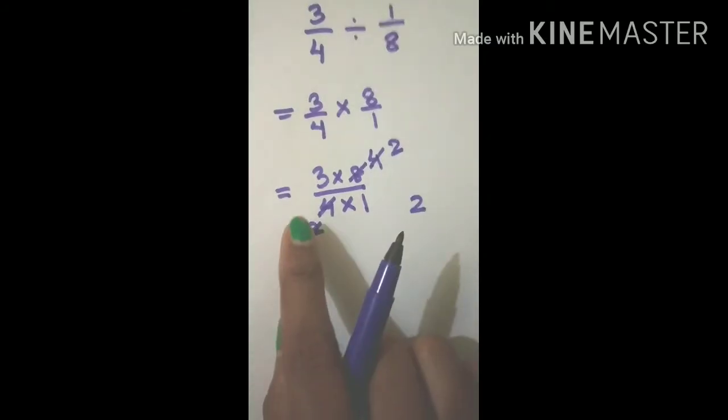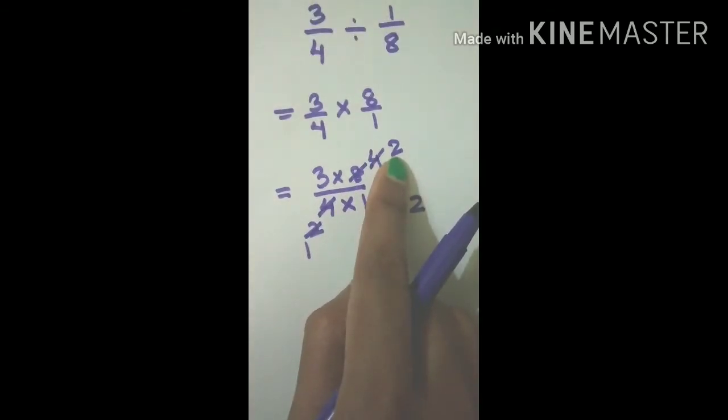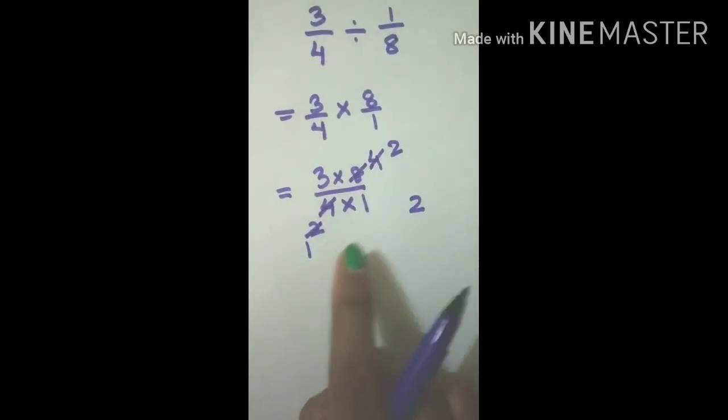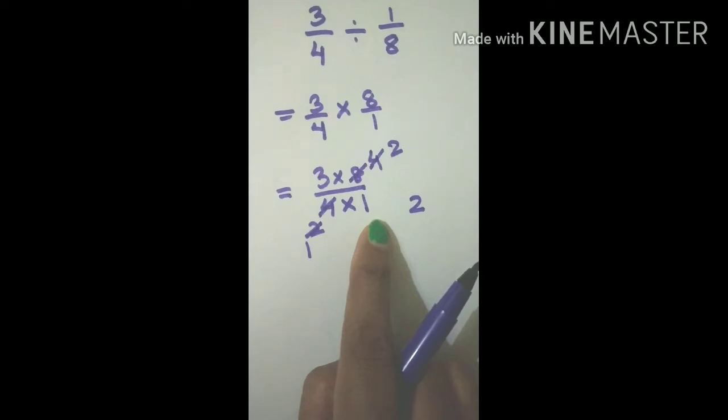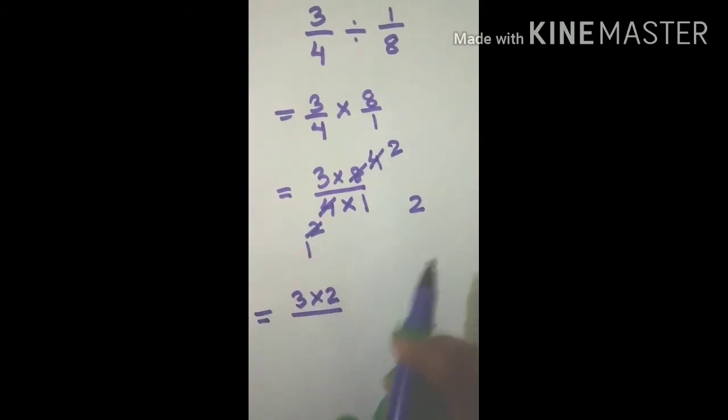What is left in the numerator? 3 and 2 is left in the numerator, and 1 is left in the denominator. So we will write them. We will write the numerator as 3 multiplied by 2 and the denominator as 1 multiplied by 1.